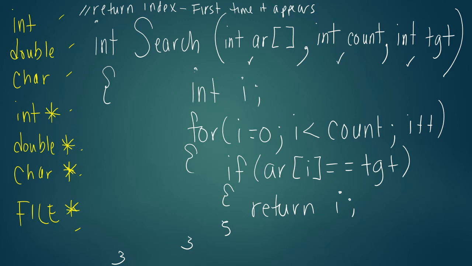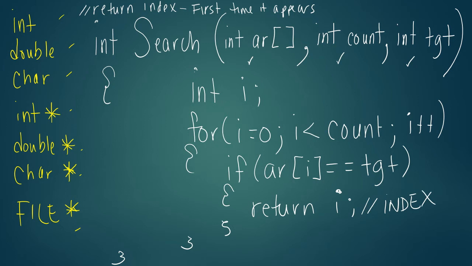So actually going up to count minus 1. So if you have 10 items in there, it would go from 0 to 9. If you have 15 items, it would go from 0 to 14. It's going to go one at a time, and check if anywhere in the array matches the target, and then it's going to return the index, the location in which the target is.